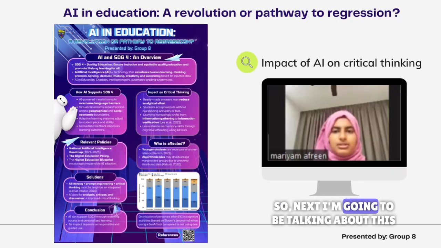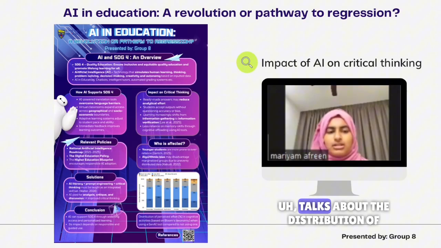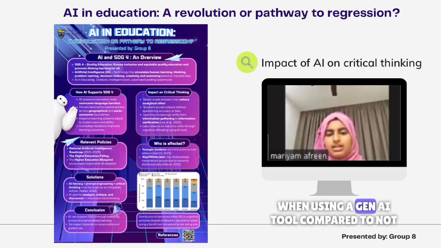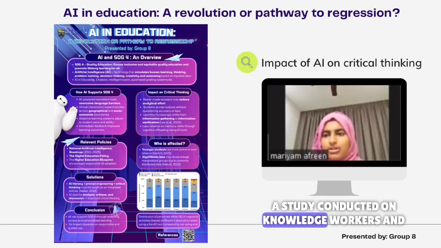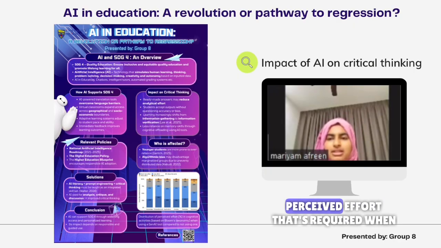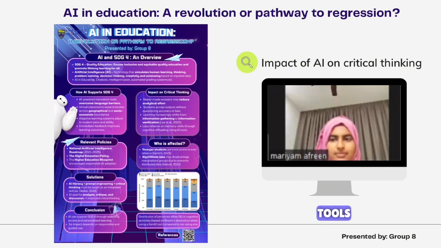So next I'm going to be talking about this graph. This graph shows the distribution of perceived effort in cognitive activities when using a Gen AI tool compared to not using one. It's a study conducted on knowledge workers, and it aims to compare the perceived effort that's required when using AI tools versus when not using AI tools.